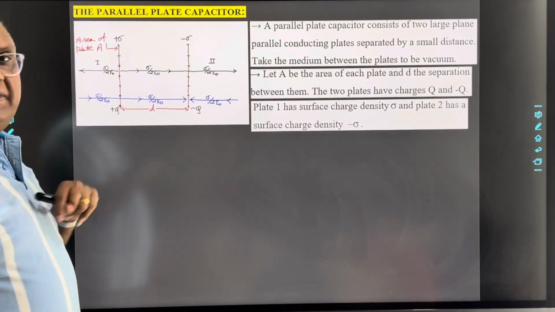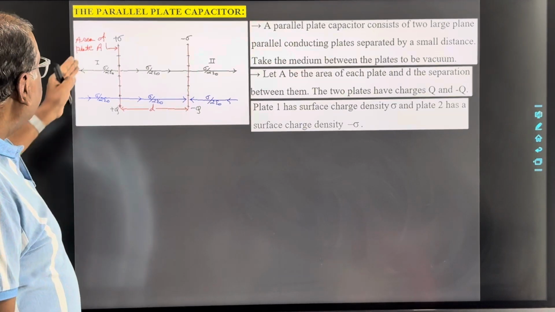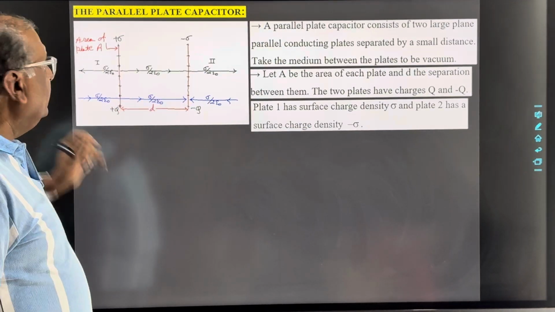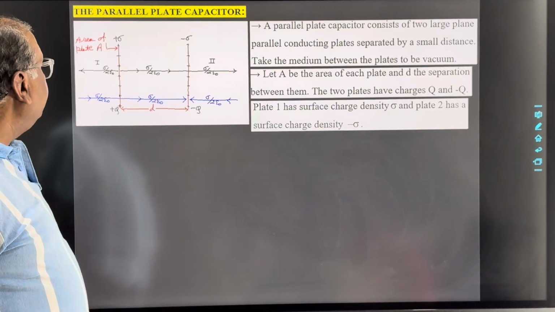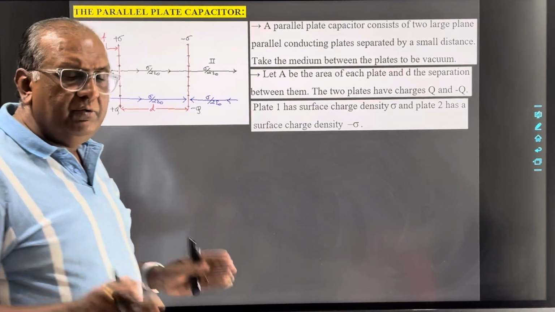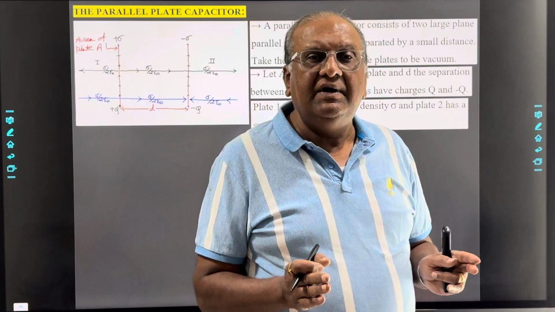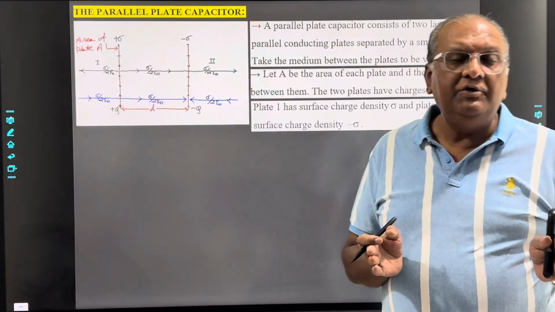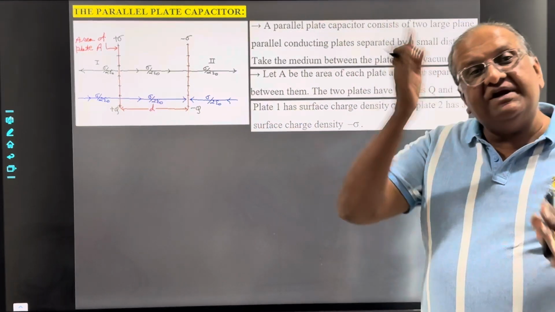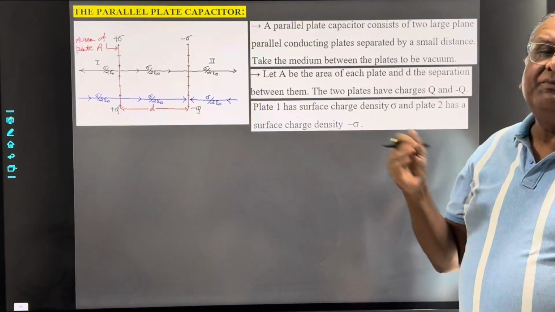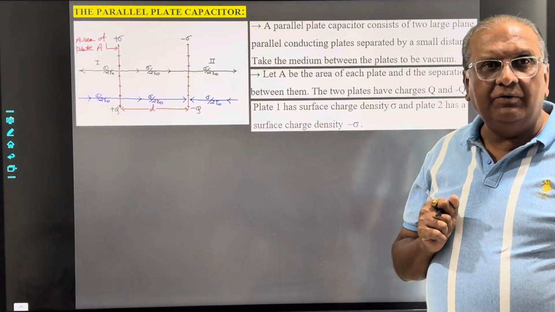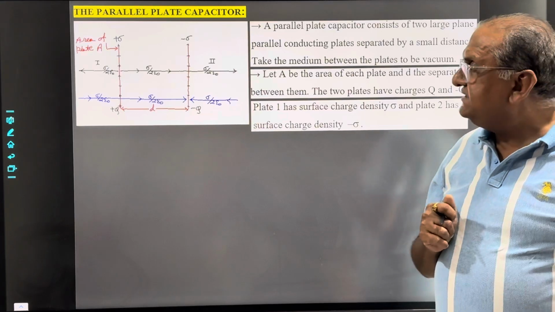First of all, we have to find the electric field in different regions. We know the electric field due to a charged plane, which we studied in chapter number 1, is sigma upon 2 epsilon 0. In chapter number 1 we derived this.